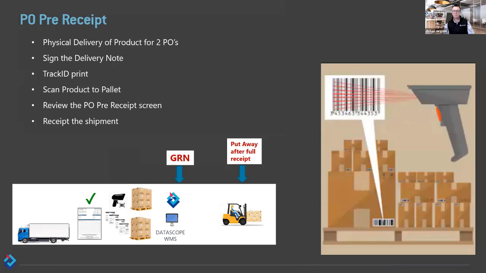Now we've got a PO pre-receipt. This is a complete blind receipt, right? So this method, the truck arrives, we do the delivery note, we double check the product, we bring it onto the floor, but now we build the pallet before we do anything, right?